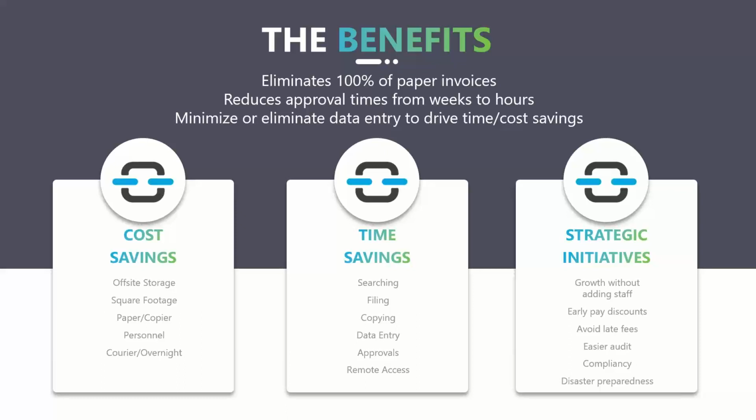And I think generally what we find is that there are about 3 different buckets, if you will, of savings. And if you start looking at your processes critically, you're going to find a lot of true, tangible cost savings. Sometimes that's a hard dollar saving, sometimes it's soft dollar, but the soft dollar comes into time savings.